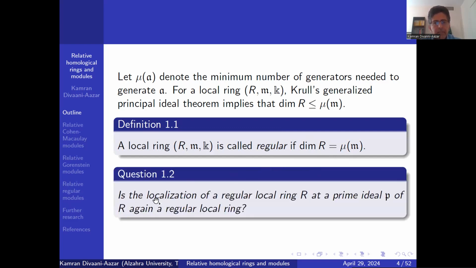There is a nice question regarding local rings. Is the localization of a regular local ring at a prime ideal of R again a regular local ring? For answering this question, we need a good characterization for regular local rings. This has been done by Auslander, Serre, and Buchsbaum.